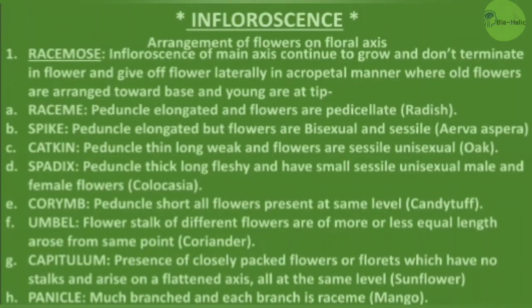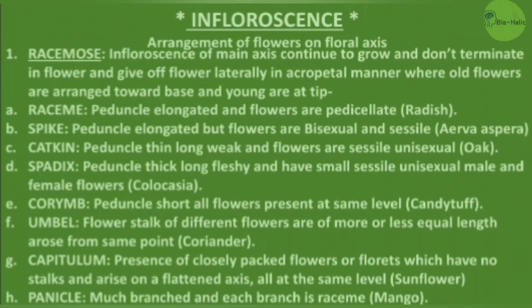Now, inflorescence. It is arrangement of flowers on floral axis. Those can be of many types. Number 1 is the racemose. Inflorescence of main axis that continue to grow and don't terminate in flower and give off flower laterally in acropetal manner, where old flowers are arranged toward base and young are at the top.